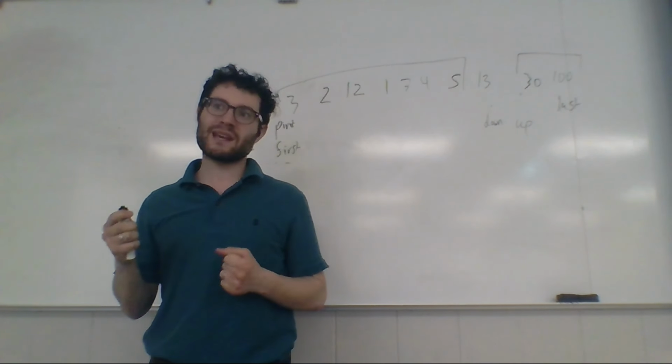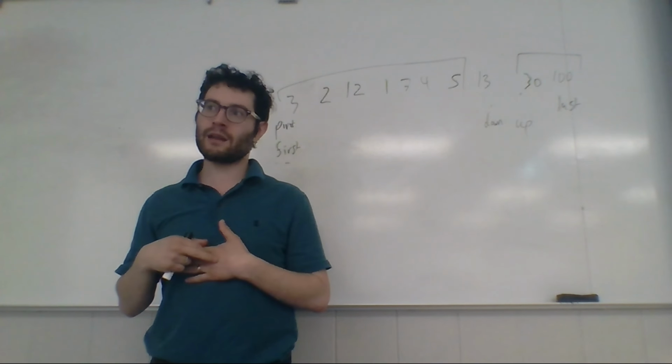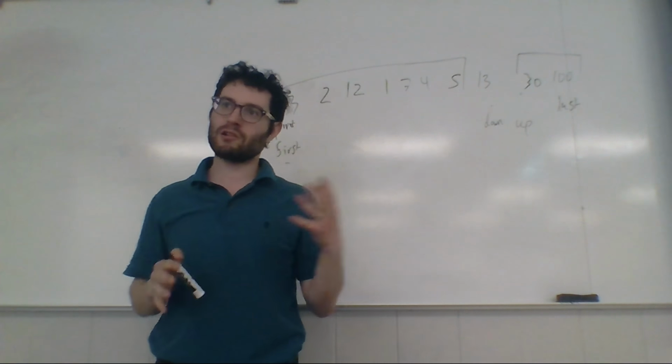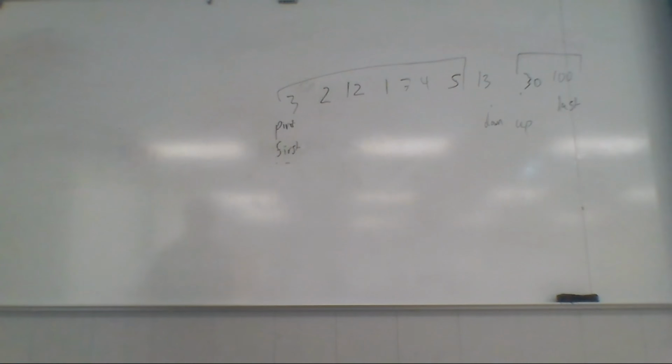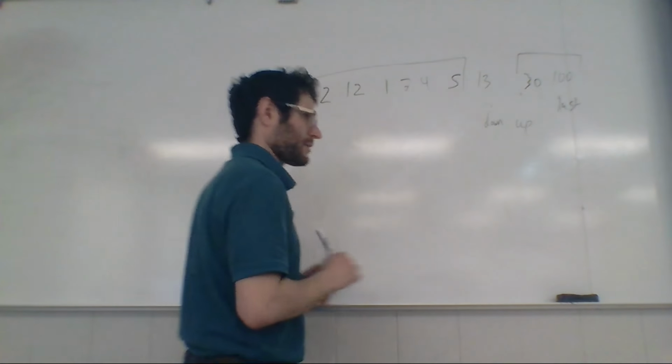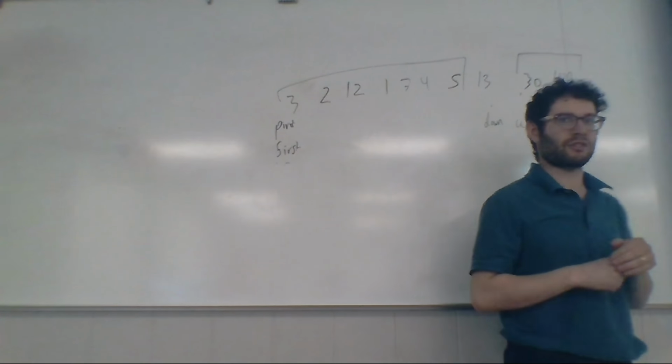If you need more space, the spacing on the exam is a bit weirder, just because I had to do it as a Word document. I'm working off a template that we've been using for a while, so if you need extra space, ask for a sheet of paper or bring some extra paper with you and just attach it to your exam, like fold it in or something. It's pretty easy to put your work in with the exam, and I'll be sure to take a look at it and take it into account.